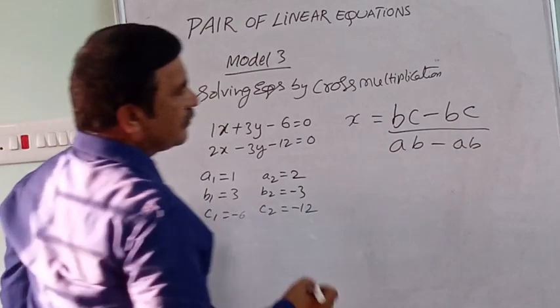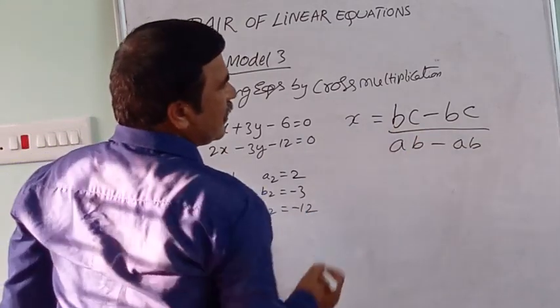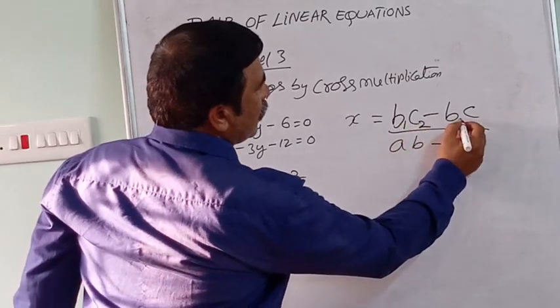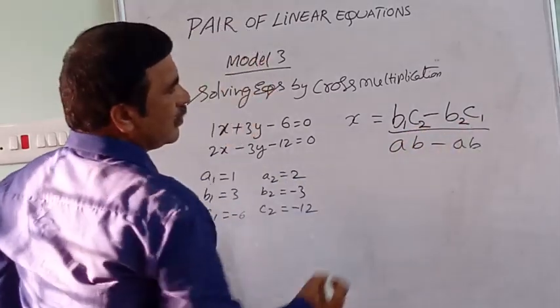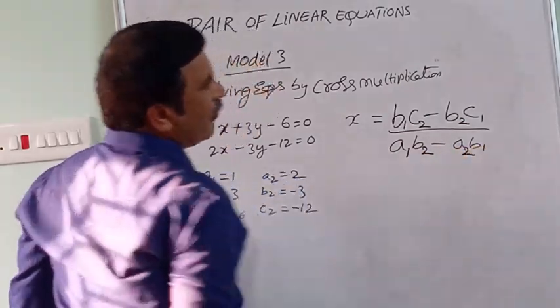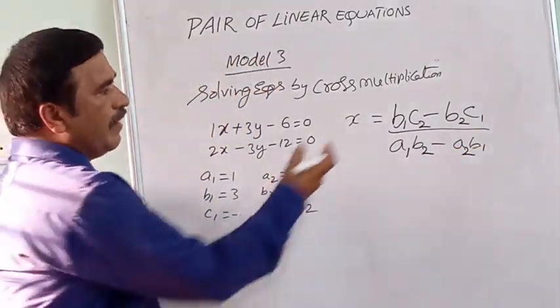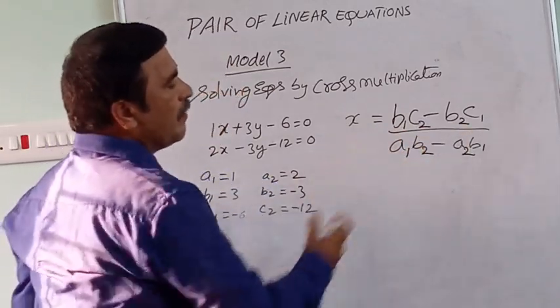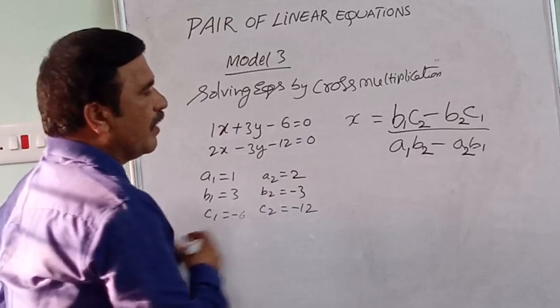Very simple. After writing BC minus BC, 1, 2, 2, 1. B1 C2 minus B2 C1 by A1 B2 minus A2 B1.